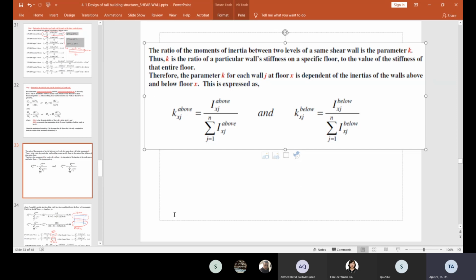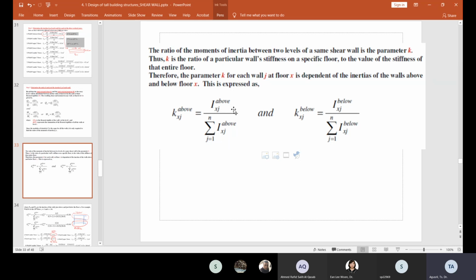You can see here the equation, we can use KXJ, for wall J at floor X, equal to IXJ above divided by the total IXJ above, meaning the total second moment of inertia for the same level.